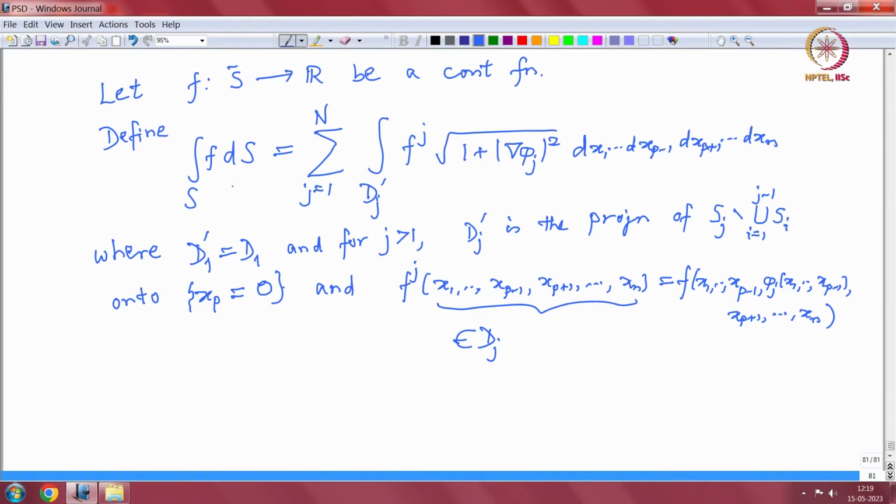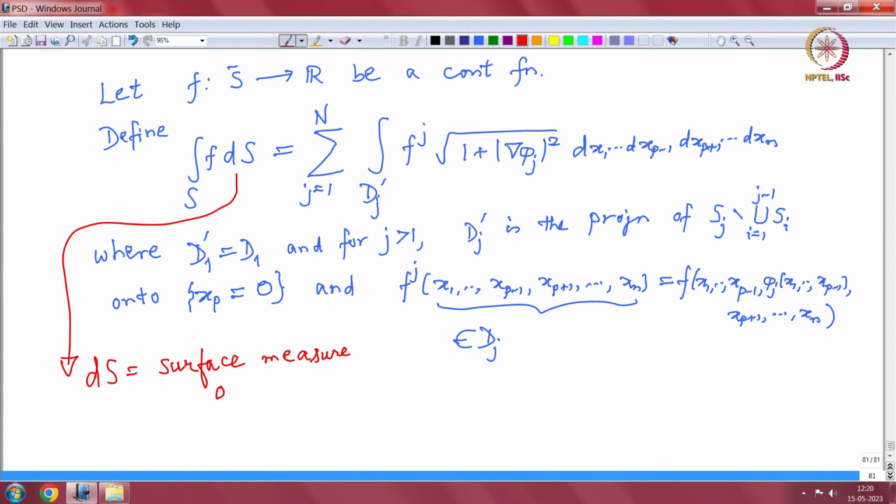And this one, ds, is called surface measure on S. So it depends only on the surface we consider, not on the simple pieces that make up our surface.